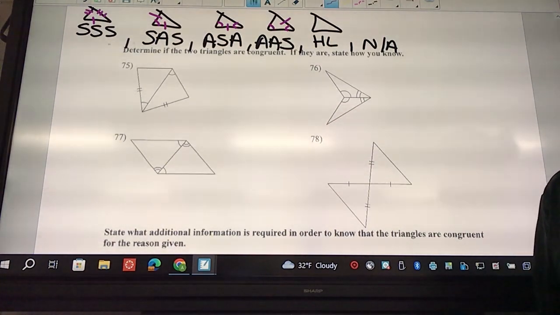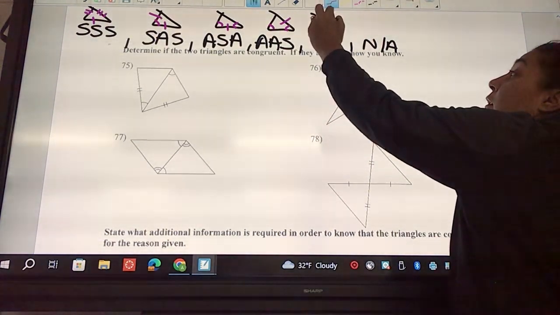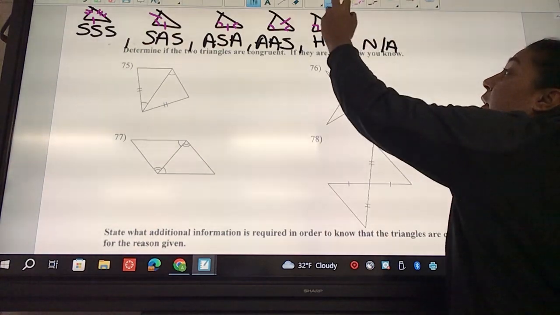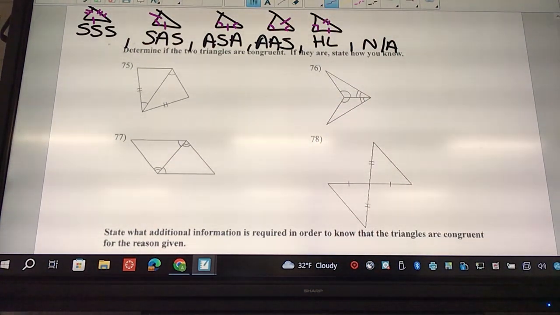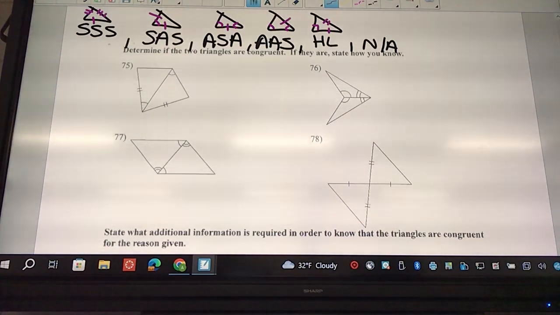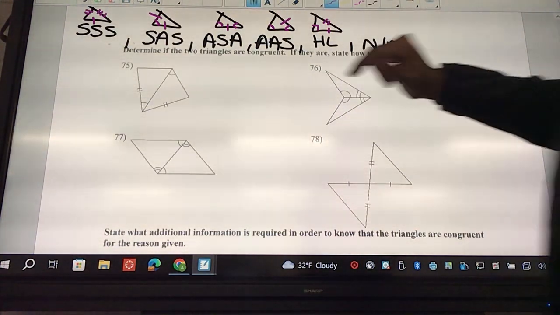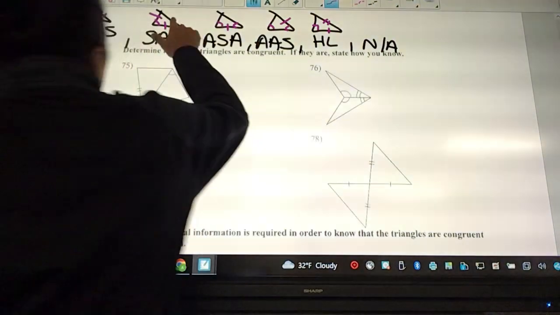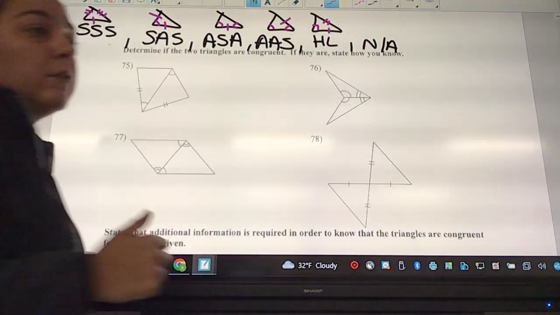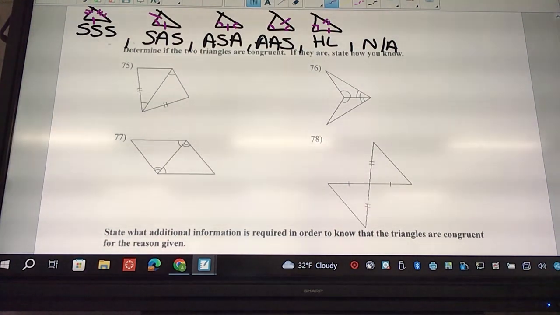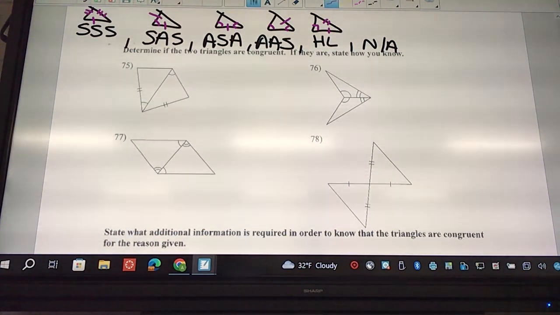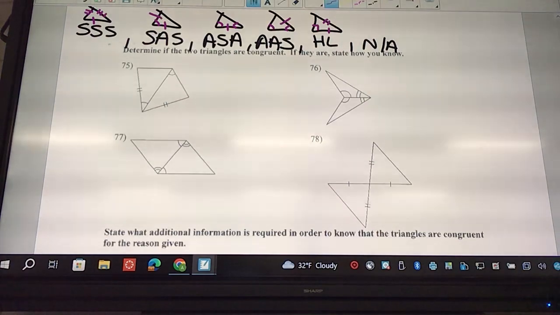We need 3 things: a right angle, a leg, and a hypotenuse. Now, these pictures are not to say that it has to look exactly like this, because I could have this angle marked in the side, but the angle needs to go in between those. So you do have to use a little bit of sense with those, because that's not entirely 100% the picture.